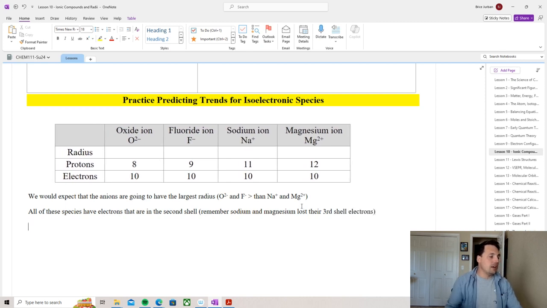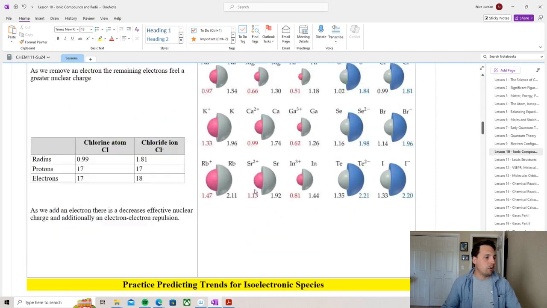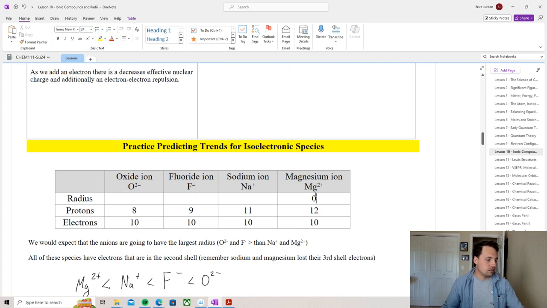Okay, so then what we'd expect here is that oxygen would be the largest and magnesium would be the smallest. Now let's go and look at the chart here. So magnesium 2+ is 0.66.